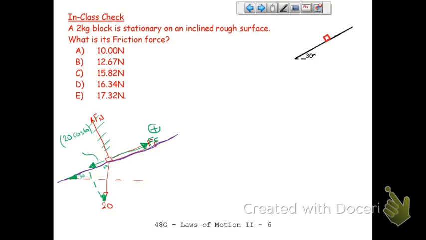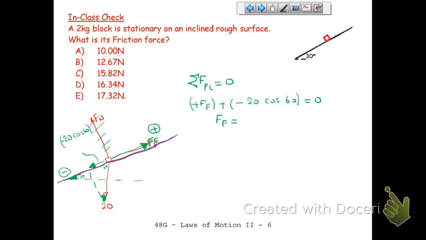Let's call that positive. Let's call that negative. That means that's a negative. The sum of the forces along the purple line equals 0: plus FF added to minus 20 cosine 60 is equal to 0. Apply the law.